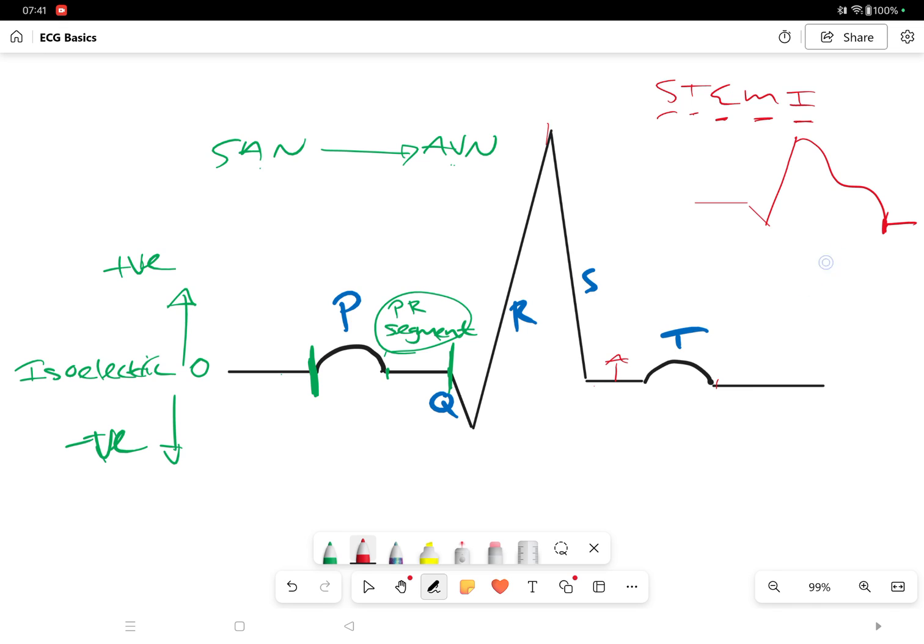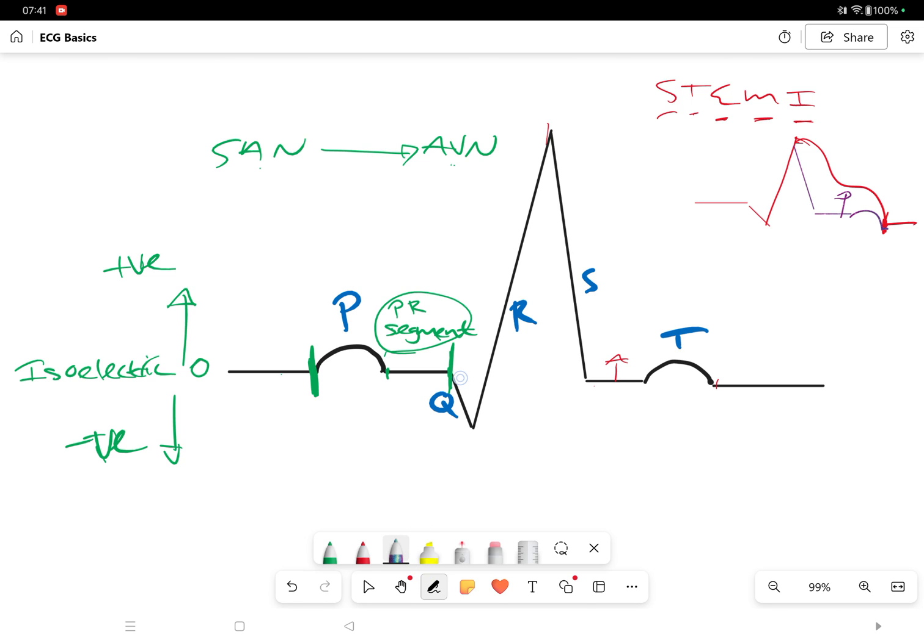This is the end of the R wave here, and remember that what this should have looked like was down here. There's your S wave, and there's your T wave. That's what it should have looked like. But what's happened is you've got this elevation of the ST segment, and this is a STEMI, and that's what STEMIs look like. Okay, so that was that.